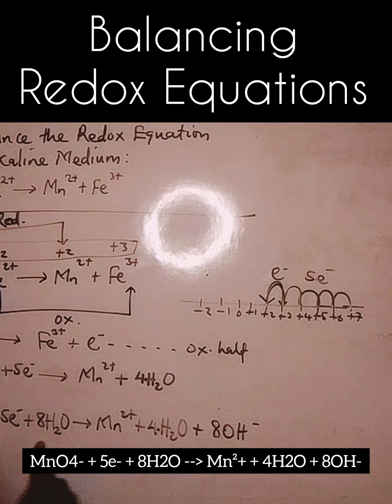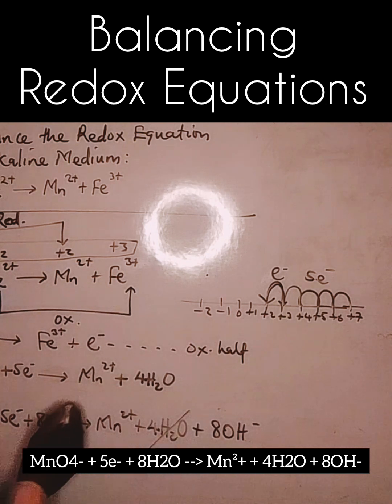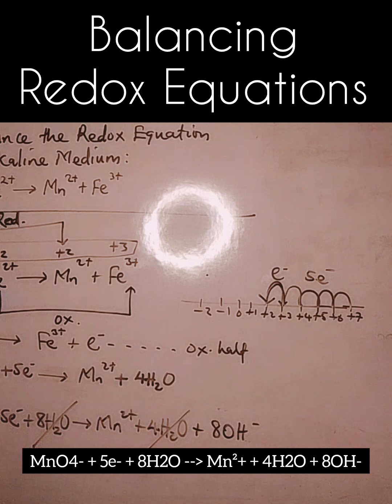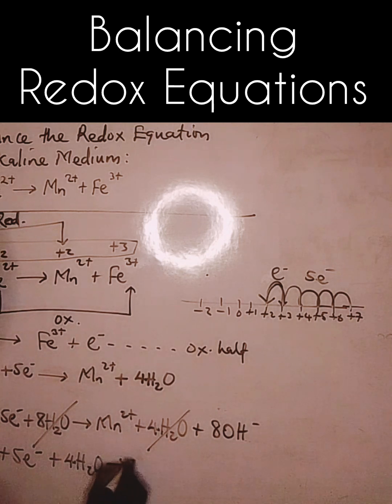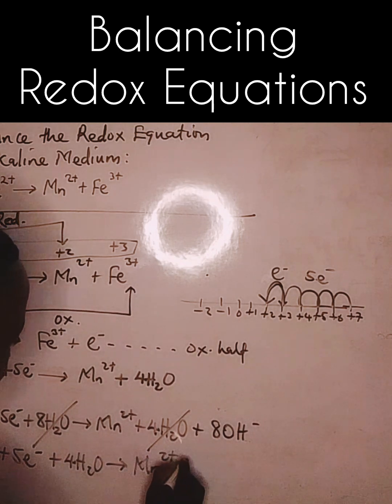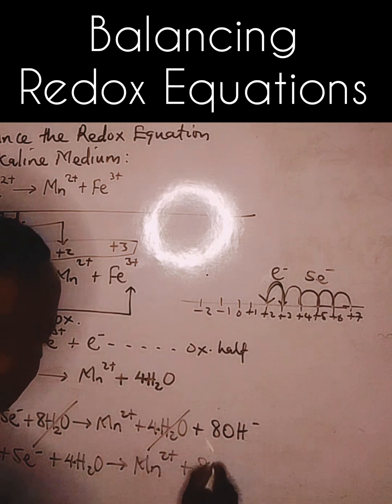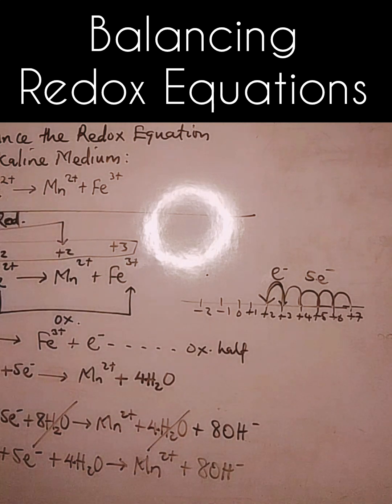Water molecules are duplicates, so you cancel 4 out of this 8. Remove 4 here, remove 4 here, and we have MnO4- plus 5 electrons plus 4 water molecules to afford Mn2+ plus 8OH-.